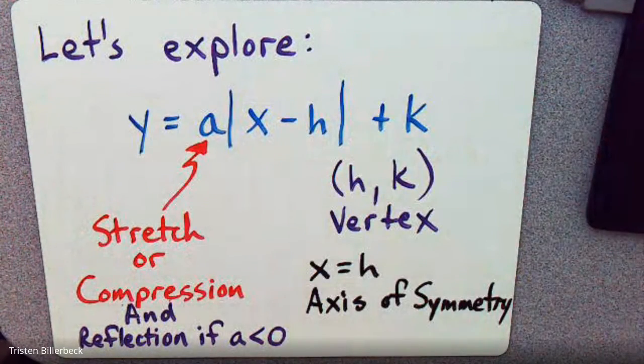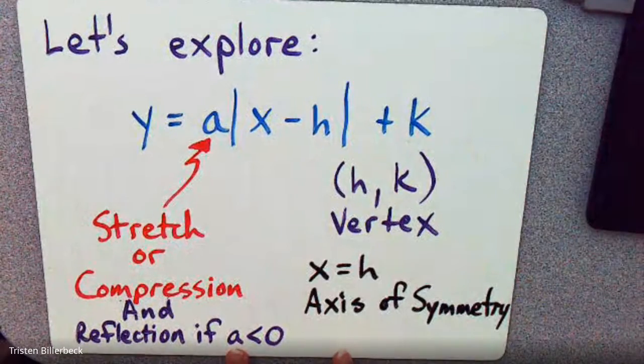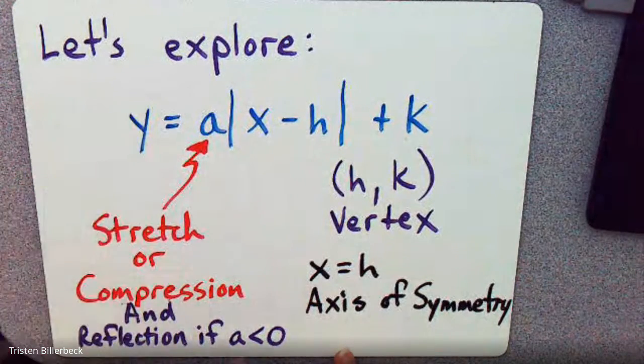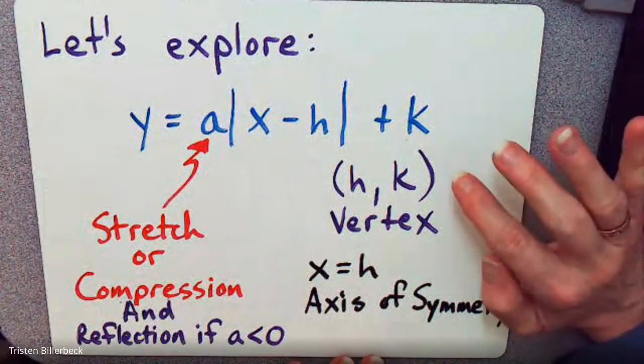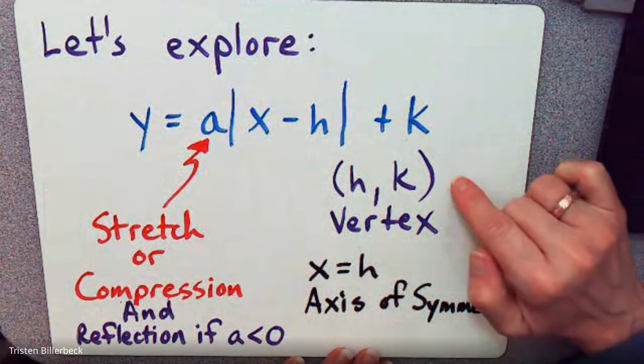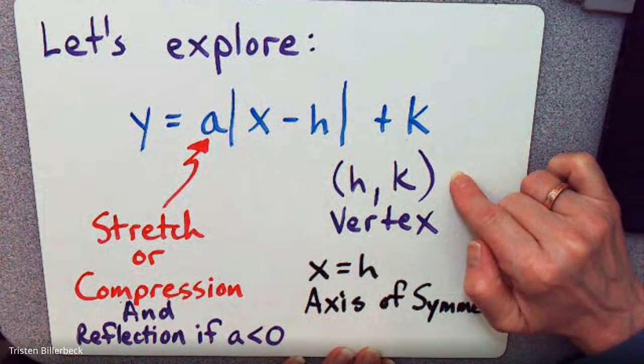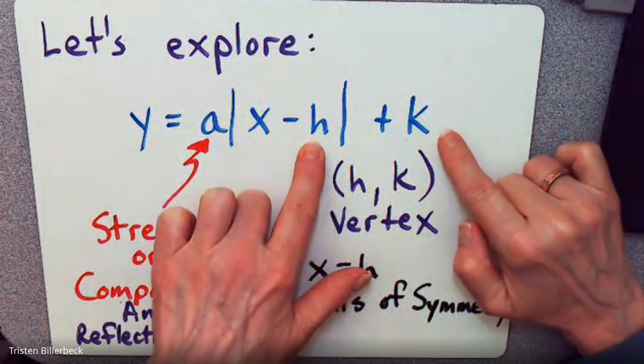And if a is less than 0, if it's a negative number, that reflects it across the x-axis. I'll show you that some more. But this gives us a vertex at h, k.